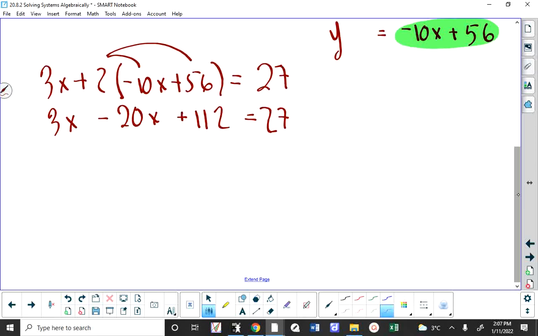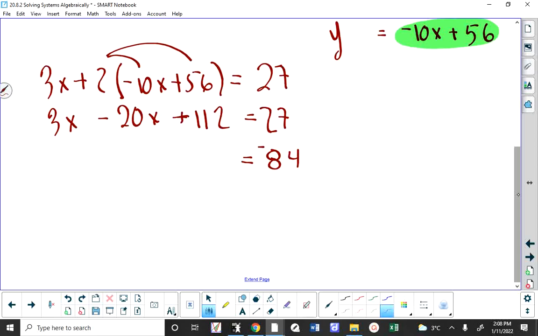This should be plus 112, shouldn't it? Been away from it for too long. Remember what I've told you: do every step twice, right? Double check. So you're going to have to subtract 112 and get, I believe, negative 84, but I need some help in many ways.